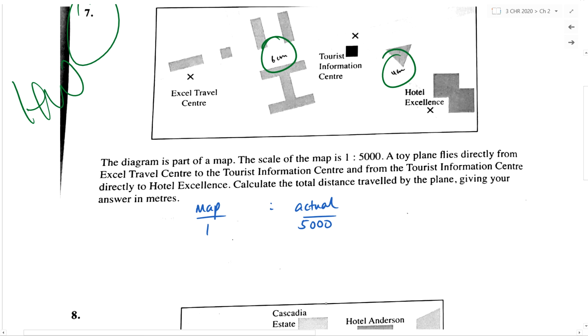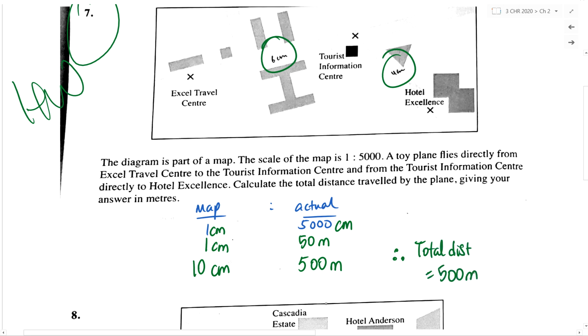If 1 cm on the map represents 5,000 cm in real life, then the same 1 cm represents 50 meters in real life. A total of 10 cm must represent 500 meters. So the answer is total distance 500 meters.